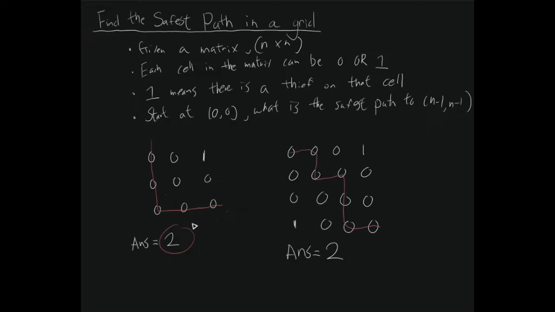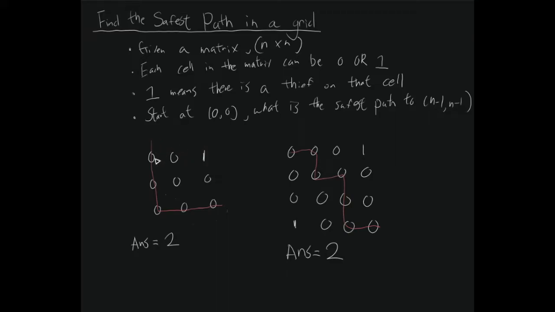So why is it 2? Because in this particular path, which is the optimal path, at one point, which is the starting point in this case, the thief here will take 1 step and 2 steps to steal your thing in this path.